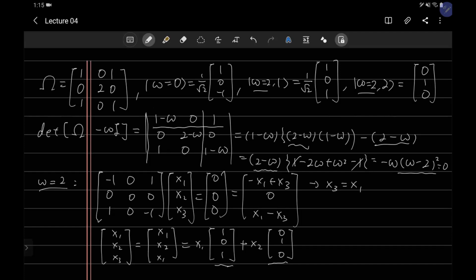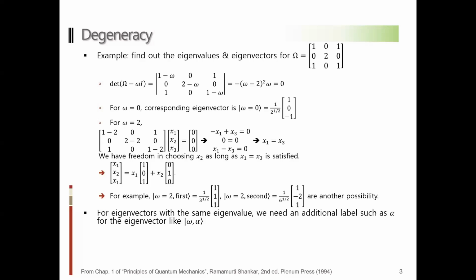And such multiplicity is called degeneracy in quantum mechanics. So this page summarizes what we just learned, and let's use the concept of degeneracy or non-degeneracy in the next pages.